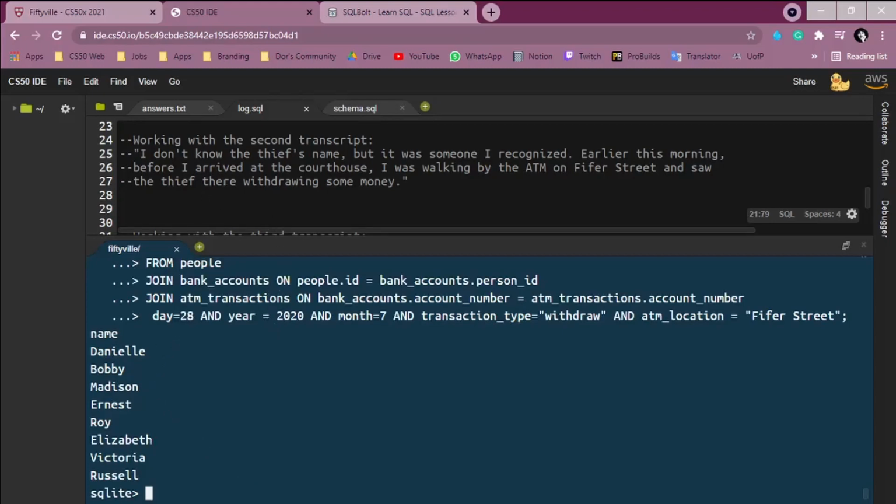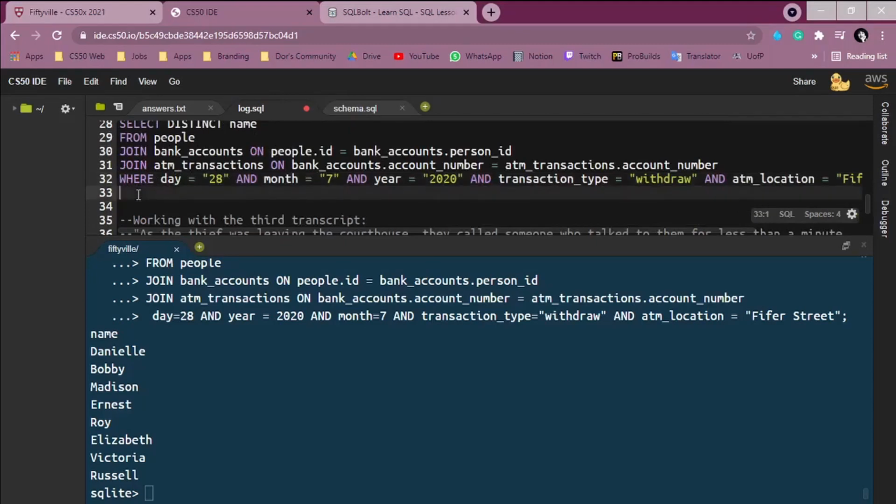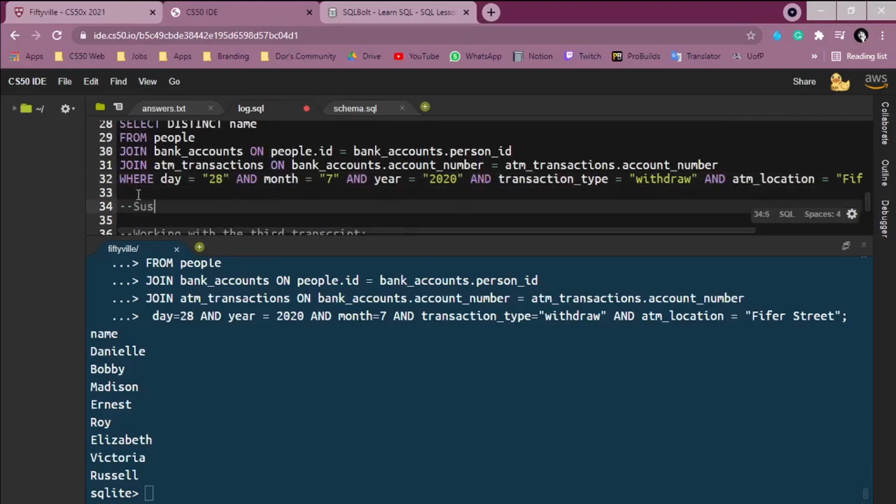Since this is working, we're going to save in our log, and also we're going to save these new suspects that we have in here. So we have now Danielle, Bobby, Madison, Ernest, Roy, Elizabeth, Victoria, and Russell.